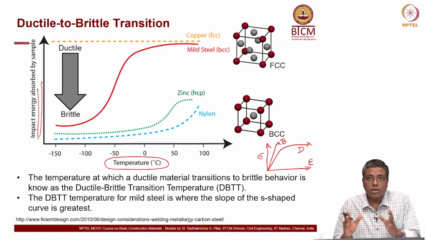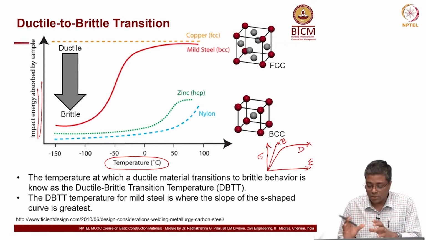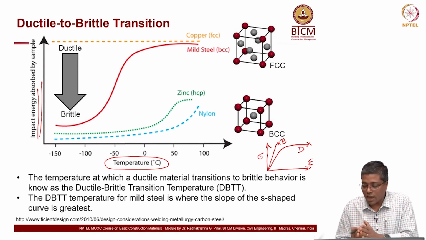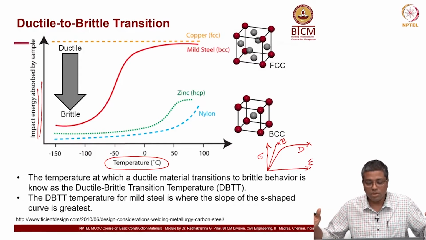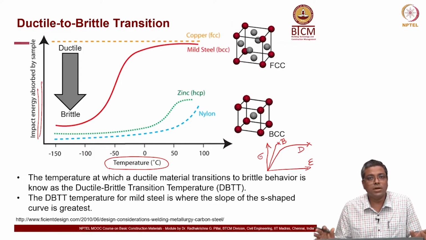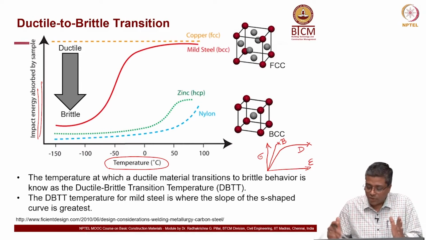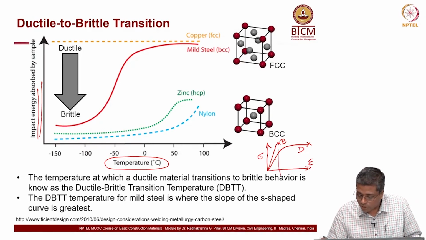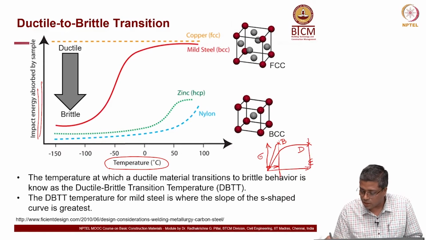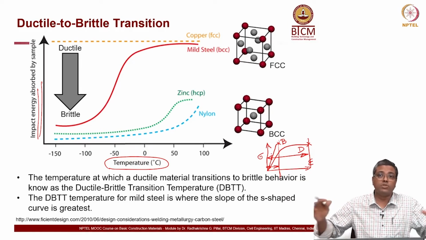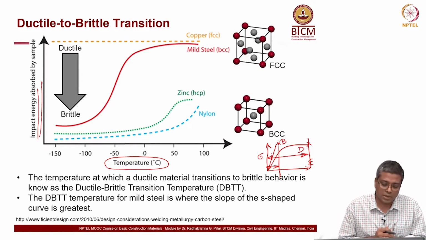The larger the area under the curve, and the more the width, the more we can generally conclude it is a ductile material. Whereas, if the width is less, like in the case of B, the brittle material, the width is very little, this much only. That is a brittle behavior, whereas in the case of a ductile material, the graph is much wider. So, it is a ductile behavior.